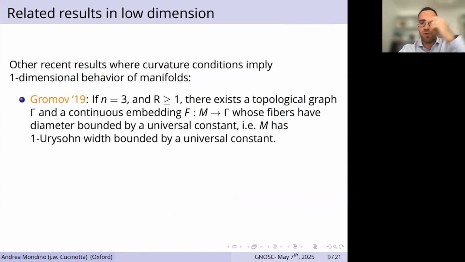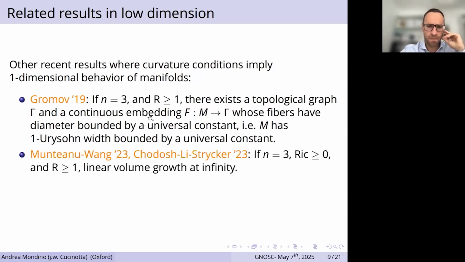Gromov in 2019 proved that if the dimension is equal to 3, and you have positive scalar curvature, say scalar curvature bigger or equal than 1, then there exists a topological graph gamma and a continuous map F from the manifold to gamma, whose fibers have diameter bounded by a universal constant, which means, in other terms, that such a manifold has bounded one-dimensional width. Here, the strength of this result is that there is just an assumption on the scalar curvature and no other assumptions, say on Ricci or any other curvature. So it's a beautiful result by Gromov.